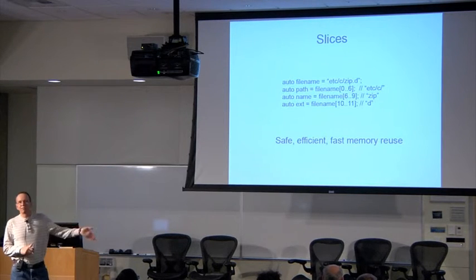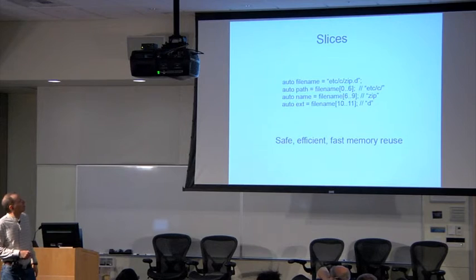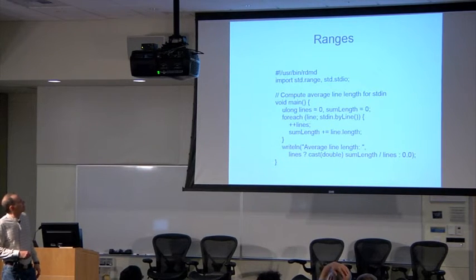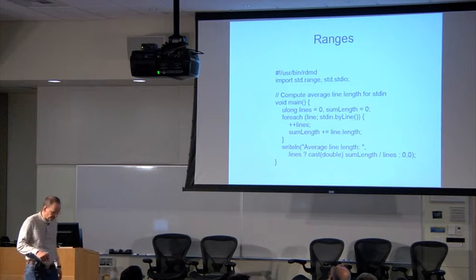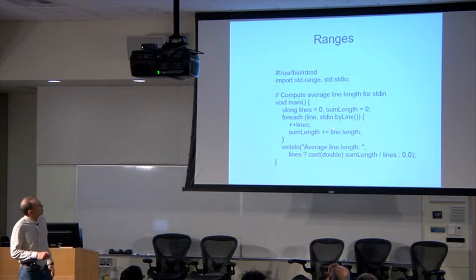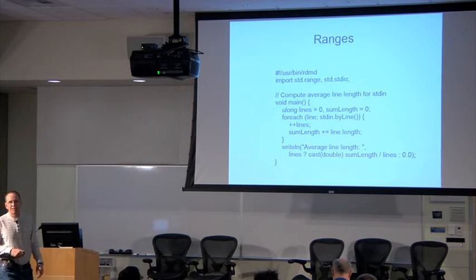You don't have to have zero termination, which means you don't have to break up the strings. Ranges, as you said, are a generalization of arrays. And the range here is we can read the standard input by line. It will feed the lines to this variable, and then this one computes the number of lines, adds up the line lengths. And when we're done, we compute the average line length.